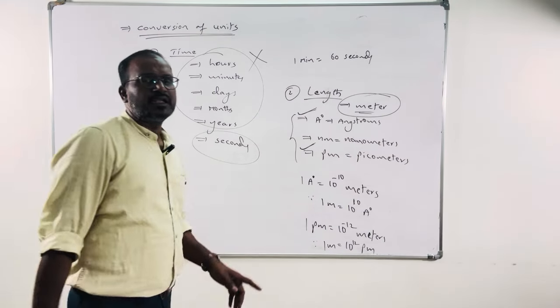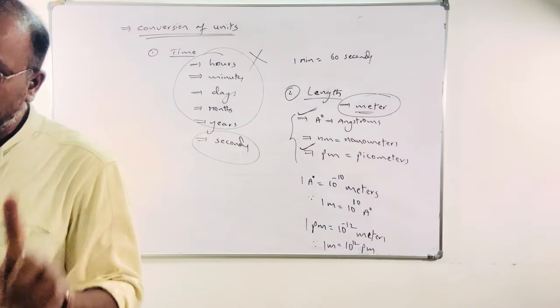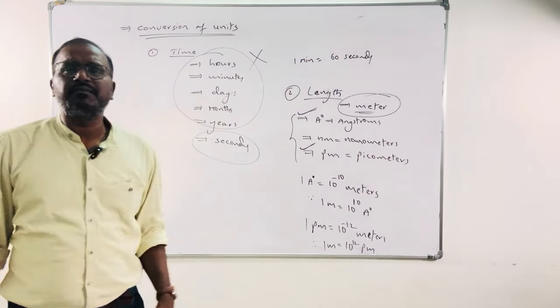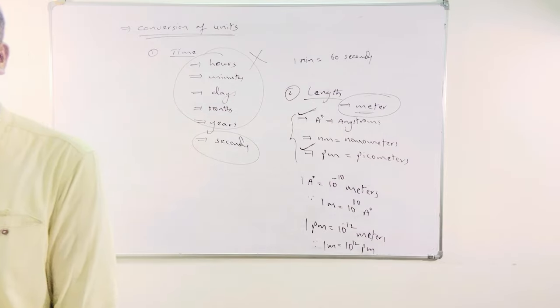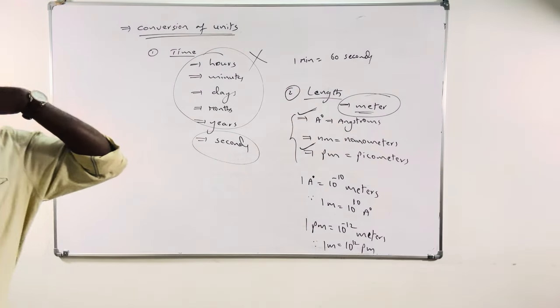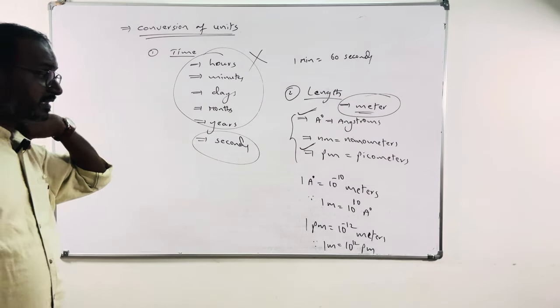So if you want to convert picometers into meters, 1 picometer equals 10 power of minus 12 meters, or 1 meter equals 10 power of 12 picometers.